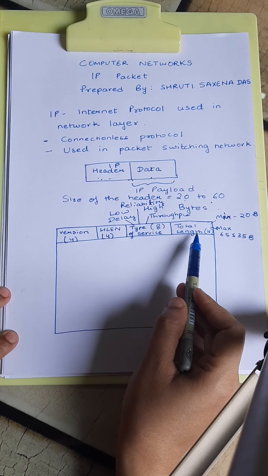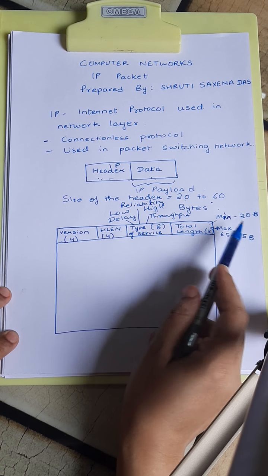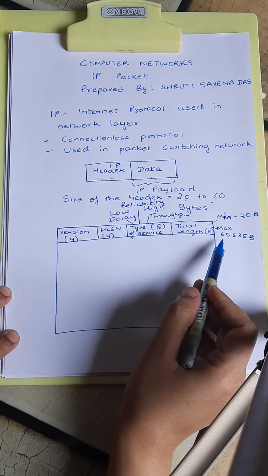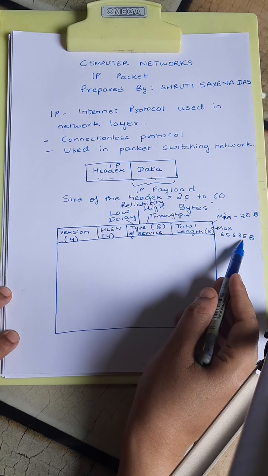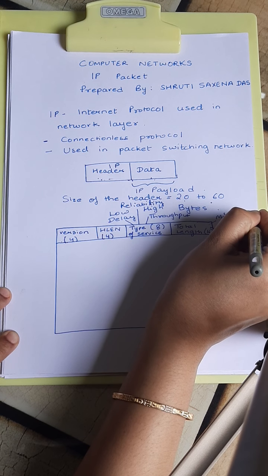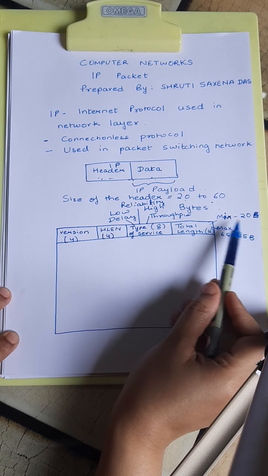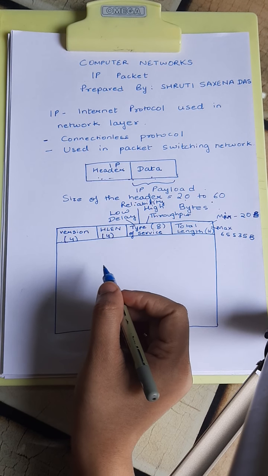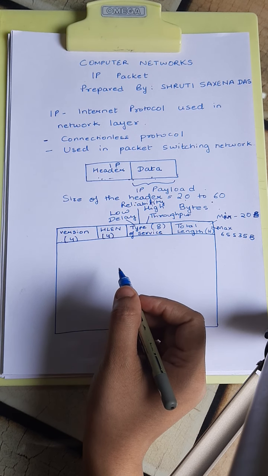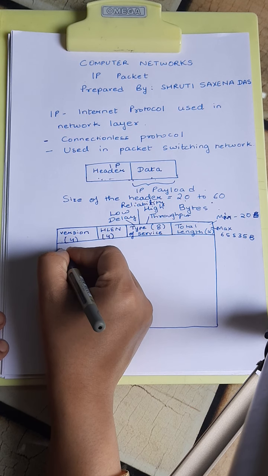The minimum length can be 20 bytes and the maximum length can be 65535 bytes. This is B, which is for byte, don't confuse it with 8. Then the next row contains information about identification.